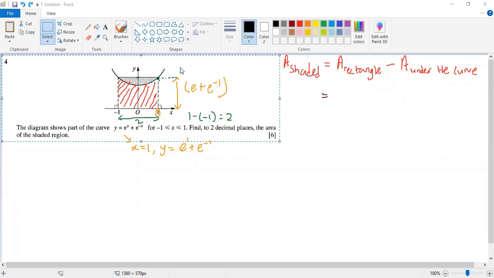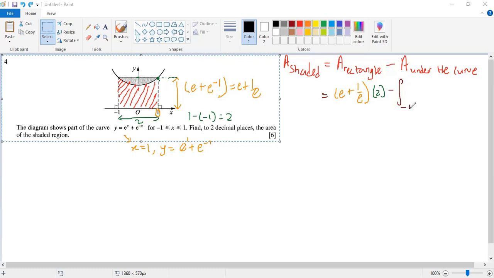The area of the rectangle is the height, e plus 1 over e, multiplied by the width of the rectangle, which is 2, as stated earlier. Then this particular section is the one we need to count a little bit, which is the integration.